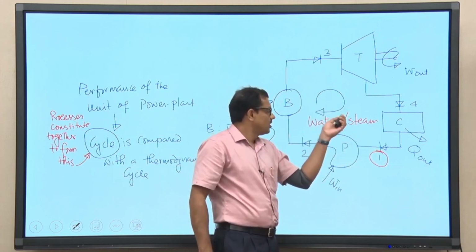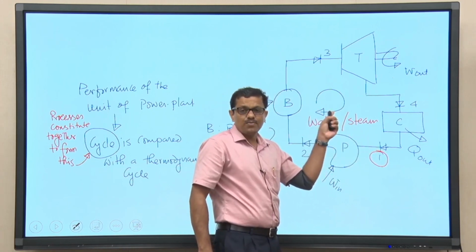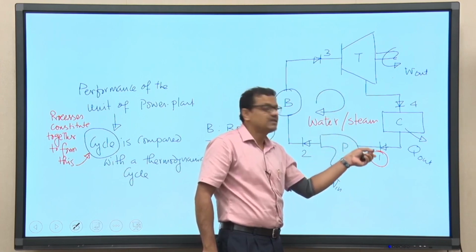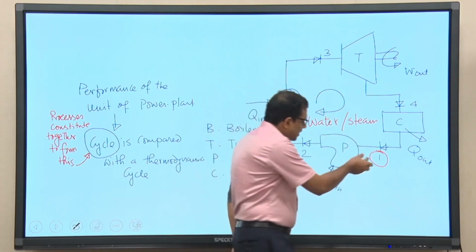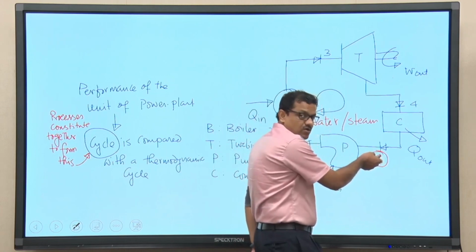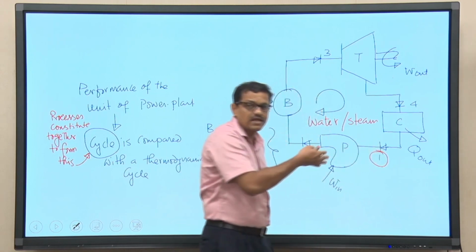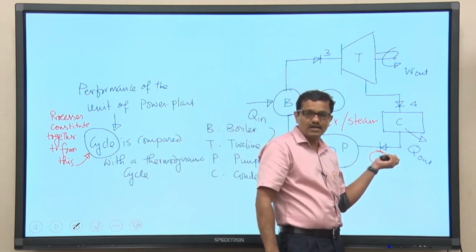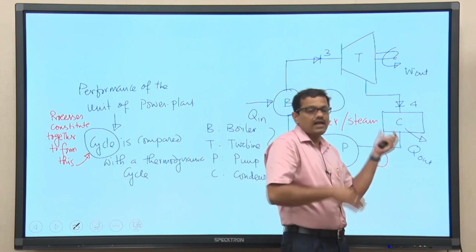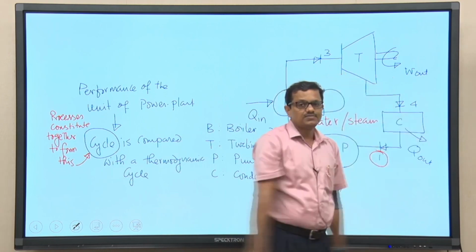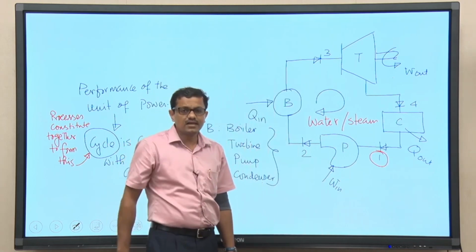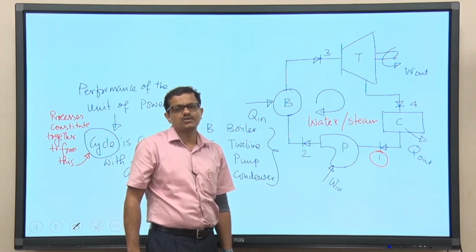So, it is closed cycle, and the most important point that I would like to mention here is that the composition of the working substance does not change at the end of the cycle. Maybe we are starting from point 1 taking the working substance as the saturated liquid, at the end of the cycle again we are going to get water only. And during the cycle the composition of the working substance is not getting changed.